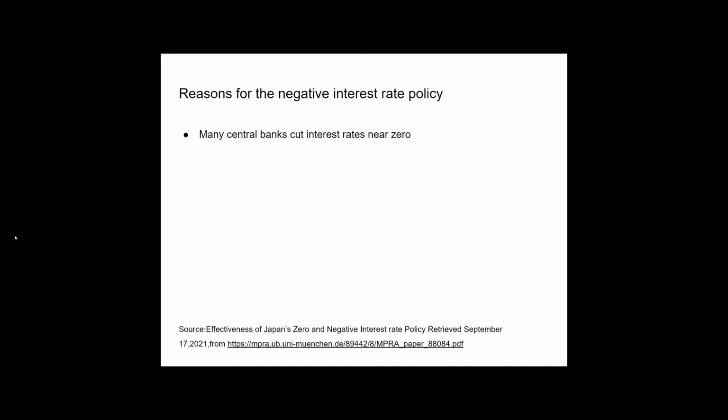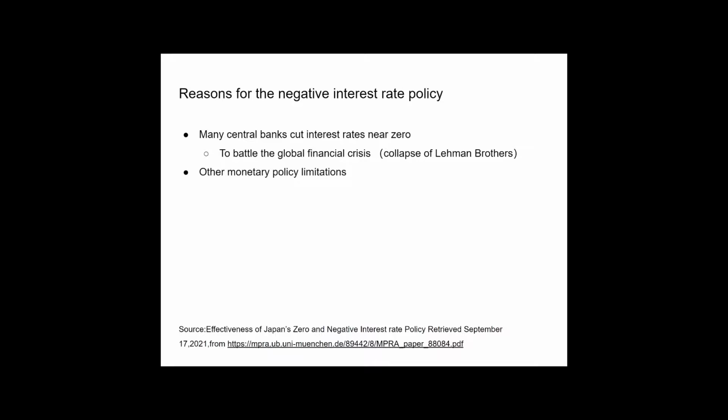So, what policies can help the Japanese economy? Here, we have to introduce the negative interest rate policy. The reason why some central banks adopted negative interest rates was in response to the global financial crisis triggered by the collapse of Lehman Brothers in 2008.